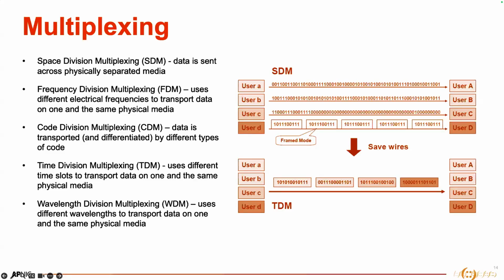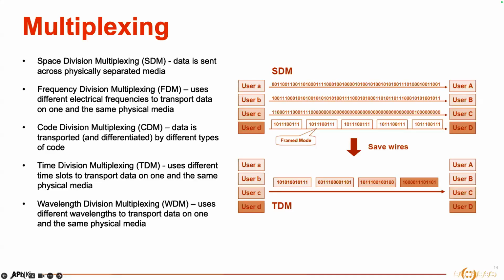If you take a look at the picture, we have the example picture of space division multiplexing and time division multiplexing. In frequency division multiplexing, user A, B, C, and D would send all the data together at the same time, but their frequency will be different.